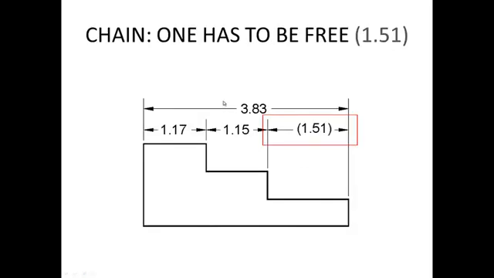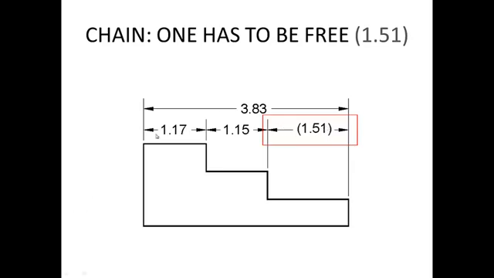So for example, when I mentioned the chain, one dimension has to be free. In this case, we have these three dimensions and the overall one is 3.83. When you see something in brackets, it means that you have this dimension for reference. It's fine.